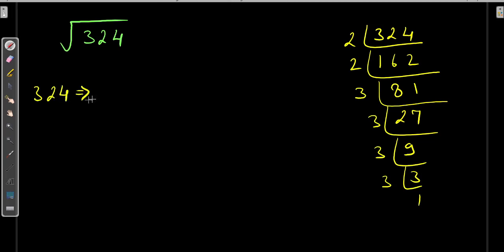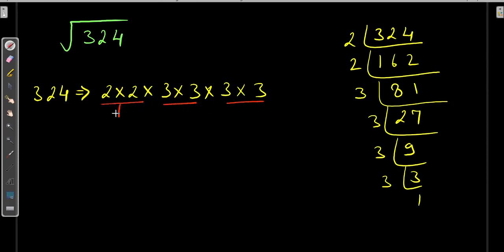The factors of 324 are 2 into 2 into 3 into 3 into 3 into 3, and these are the prime factors. So we have to find the prime factors for it. Now take the pairs of two equal numbers. From one pair 2 is taken, from another pair 3 is taken, and from the other pair again 3 is taken.